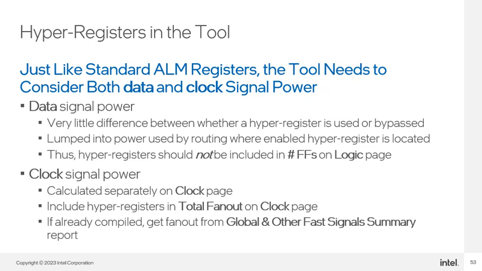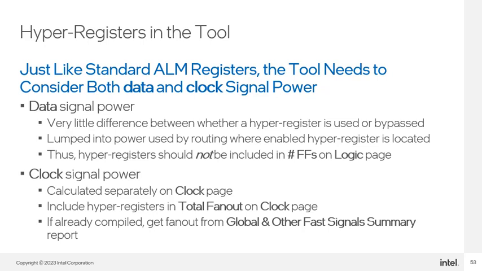For hyperregisters, data signal power is pretty much the same whether the hyperregister is enabled or bypassed. Since hyperregisters are mostly located in device routing, hyperregister power usage is lumped into the power usage of the routing where it is located. This is handled automatically by the tool.